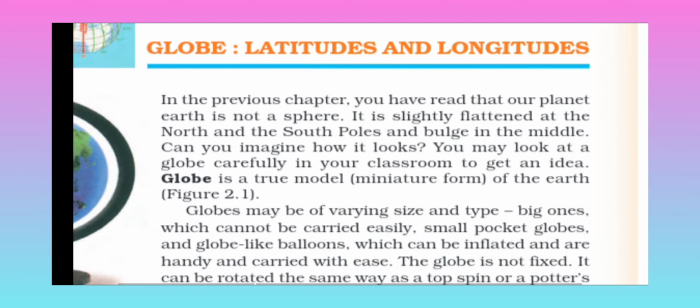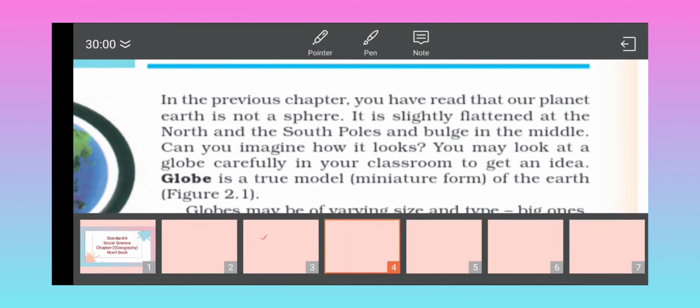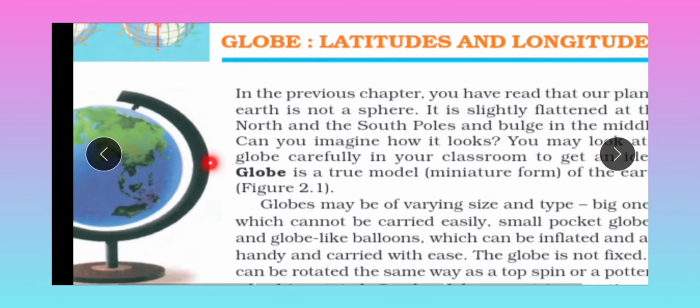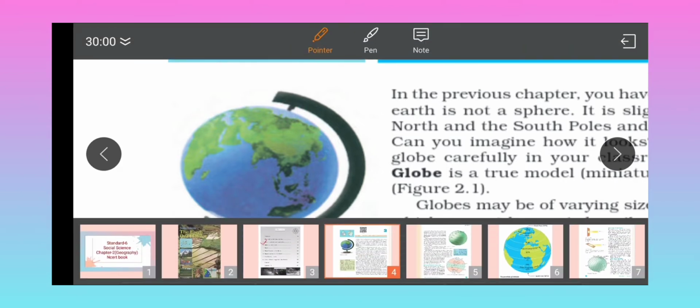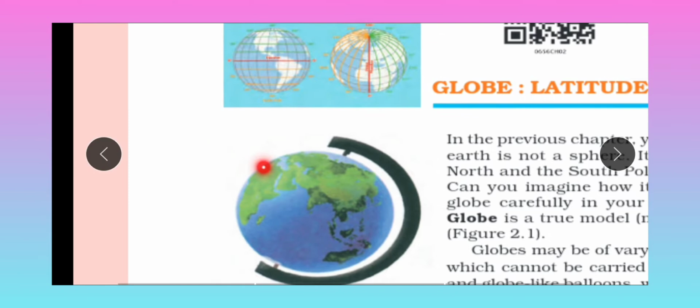Globe is a true model or miniature of Earth. Here the people have been shown the globe. Our Earth is slightly flattened at the North and South Pole and bulky at the equator.